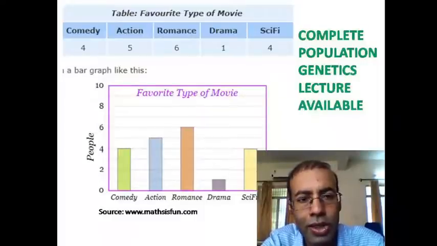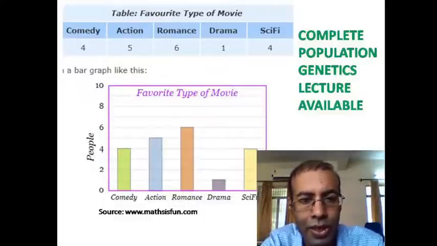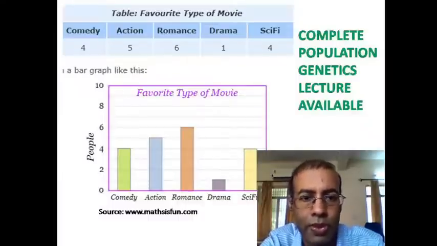So all this information is represented in this diagram. So we find that most of the respondents like romance type of movie.